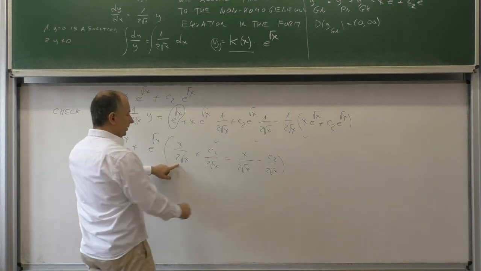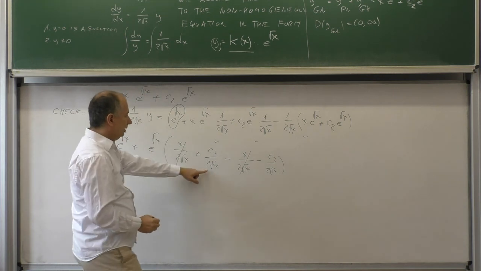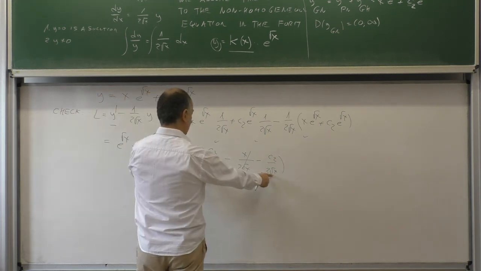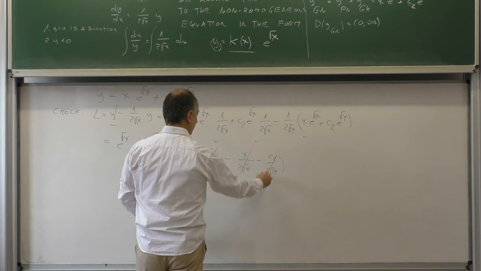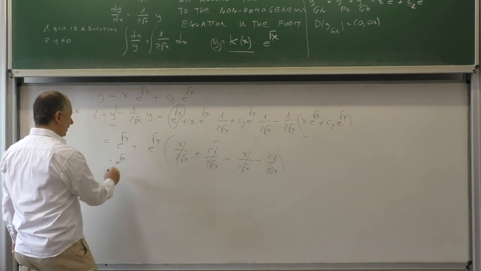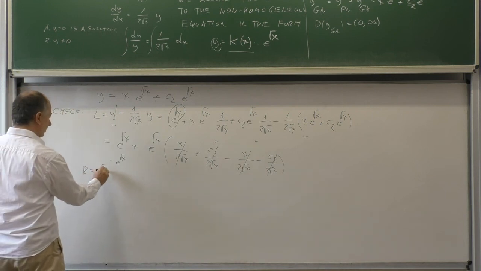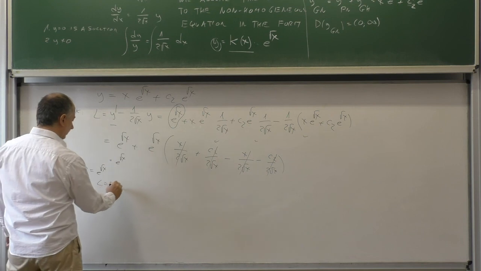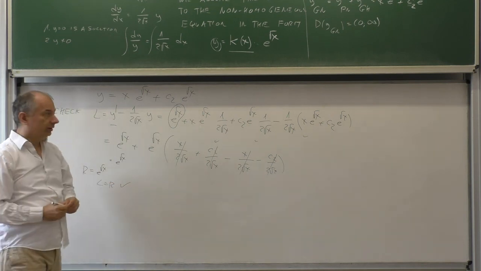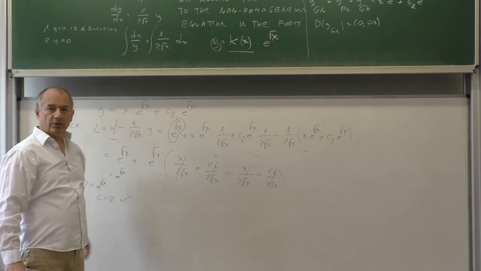And then the first term and the third one cancel each other, and the second one and the fourth one cancel each other, so this is indeed 0. So we have just e to the square root of x on the left, and on the right we have e to the square root of x, so what is on the left is equal to what is on the right. So this is indeed the general solution to the non-homogeneous equation.